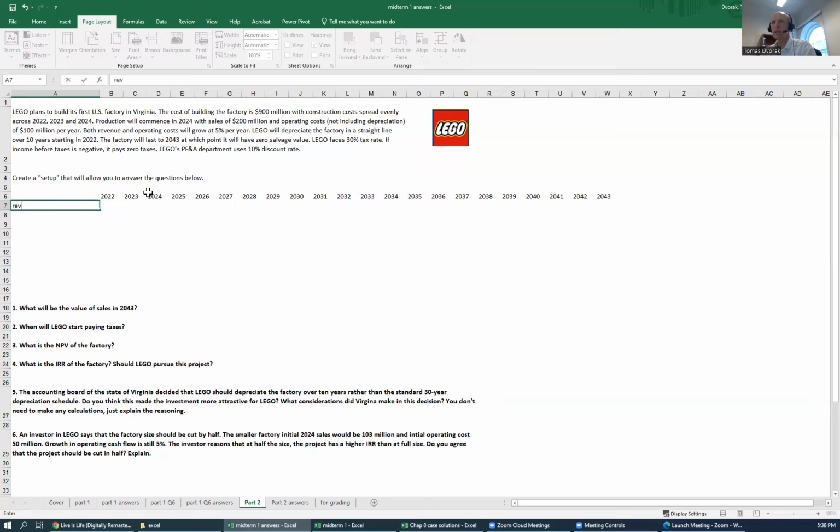Well, we'll certainly need revenue, and revenue begins in 2024 at 200, and it will grow at 5%. So we're going to multiply that by 1.05.